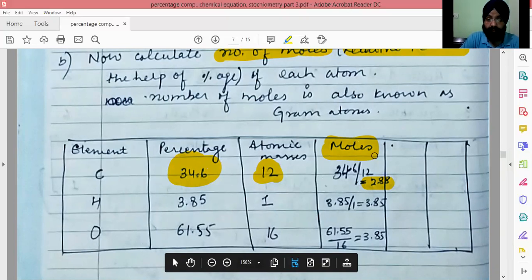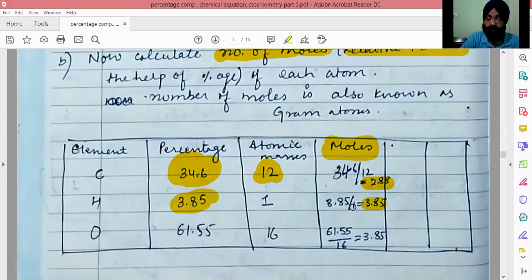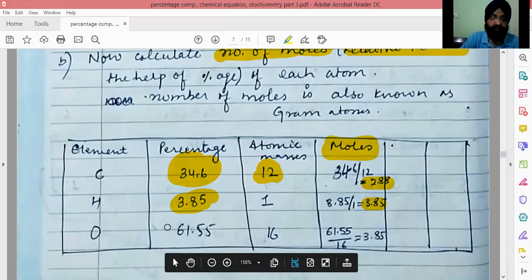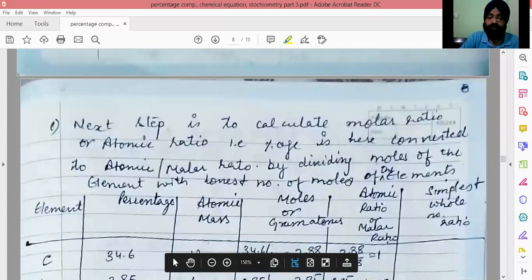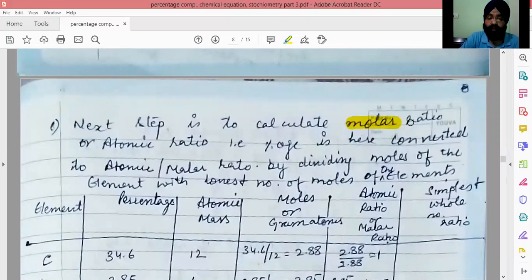So the relative number of moles of carbon is now 2.88. Similarly, for hydrogen it is 3.85 upon atomic mass, and for oxygen it is 61.55 upon 16. After finding the number of moles, the next step is to calculate the molar ratio or atomic ratio.